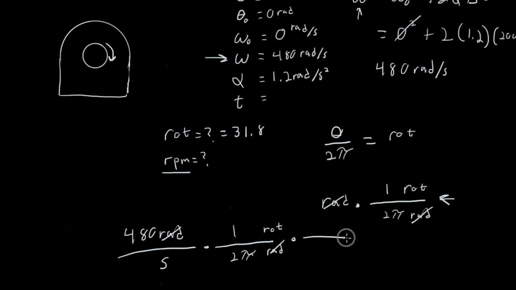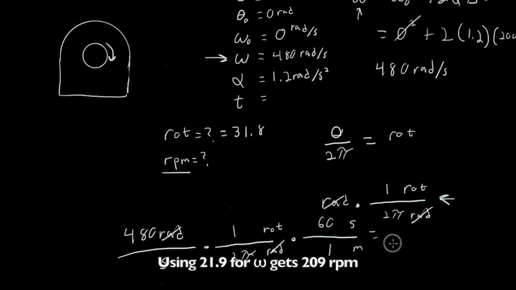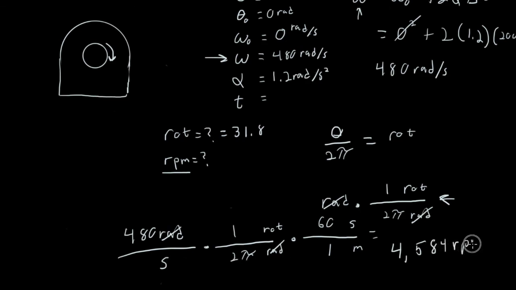And then I want to go from seconds to minutes. How many seconds are in a minute? 60 and 1. So I take 480 times 60 divided by 2 pi. And when I do that, I get 4,584 rotations per minute. There we go.